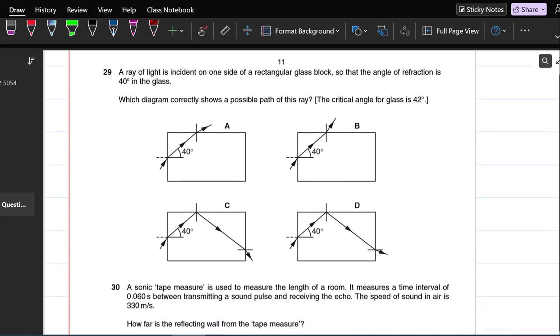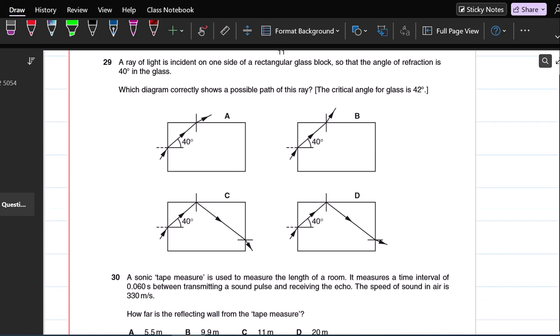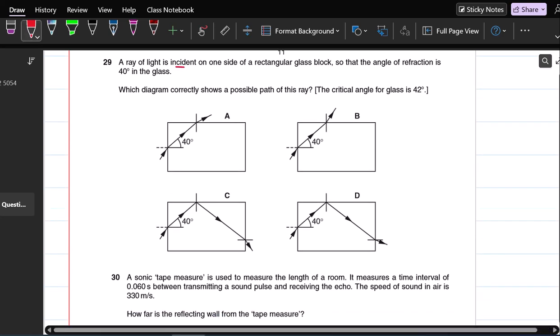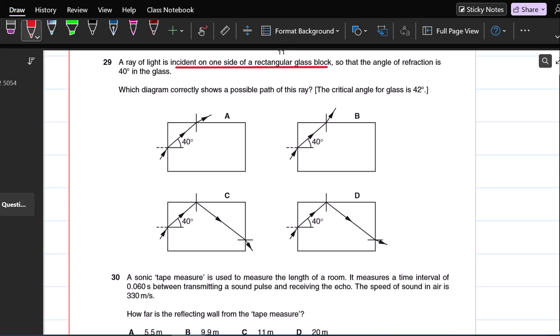Moving to question 29. In question 29, a ray of light is incident on one side of a rectangular glass block so that the angle of refraction is 40 degrees in the glass. Here it is 40 degrees, here it is 40 degrees, and here again it is 40 degrees.